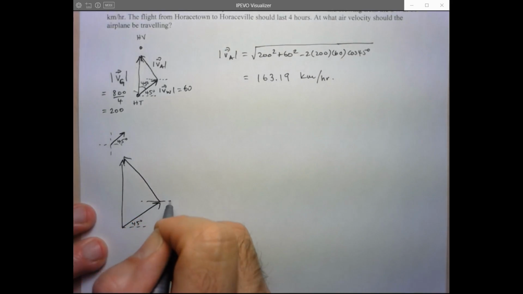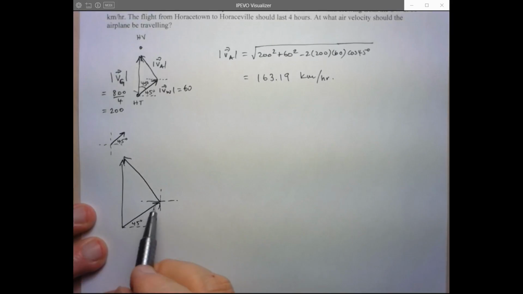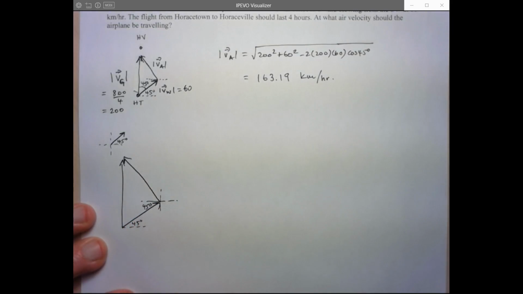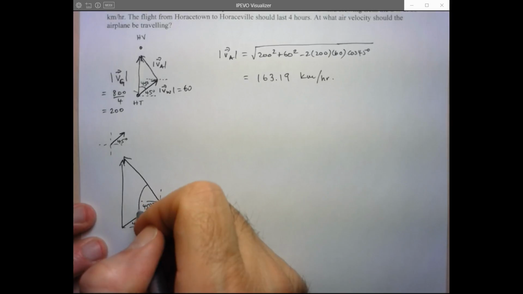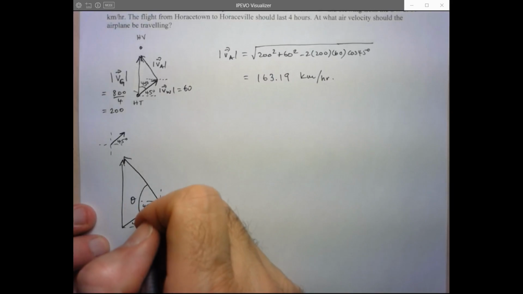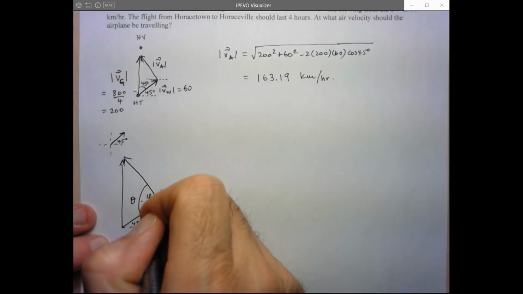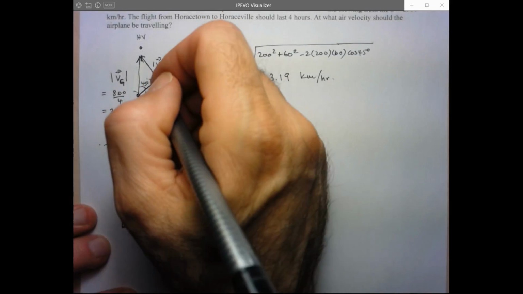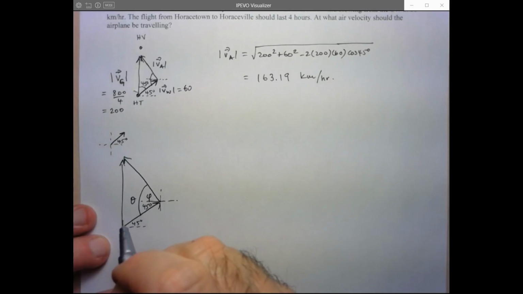If I draw my little east-west cardinal plane at the start of this vector, this is also going to be 45. So I'm going to calculate this angle in my triangle, and then subtract 45 to get the angle that's north of west. Let's start by calculating this angle theta.